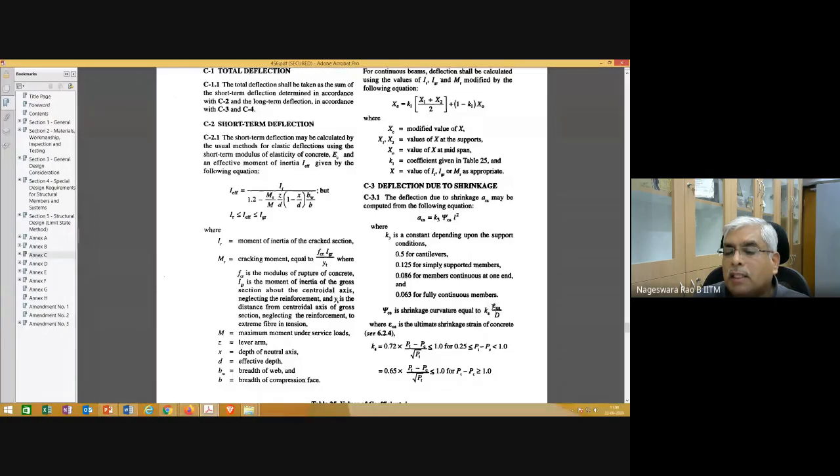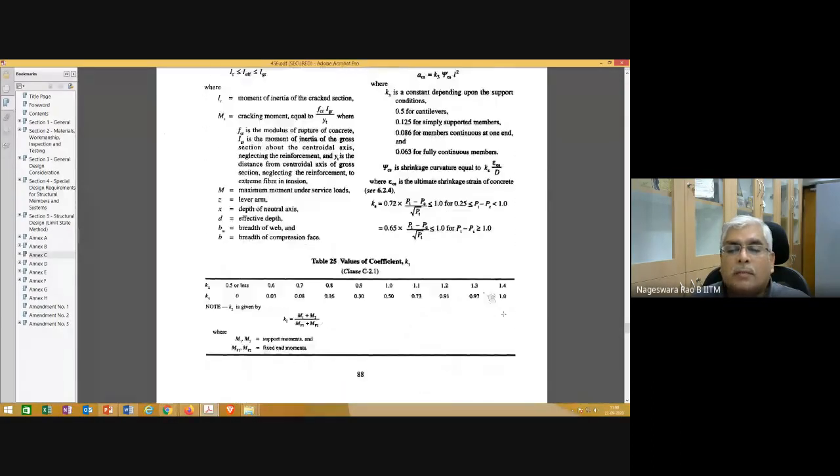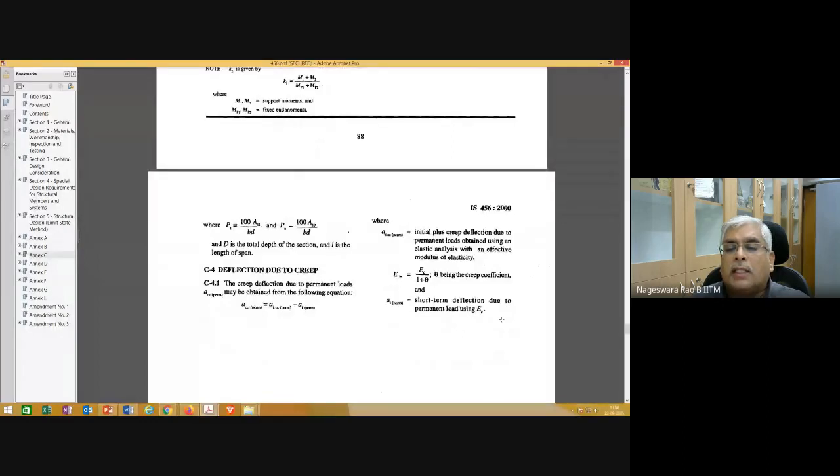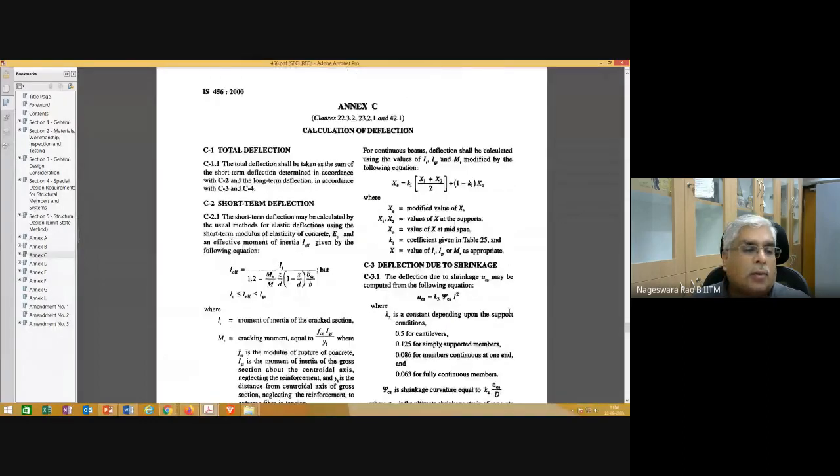At least this portion is an exact relation for the curvature, since curvature is nothing but the derivative, or slope, of the strain. And this is the empirical coefficient. That is how you will see many equations in the code books which are empirical in nature.